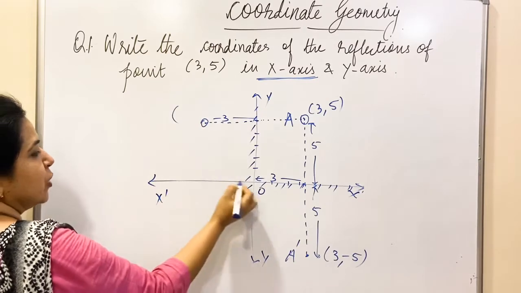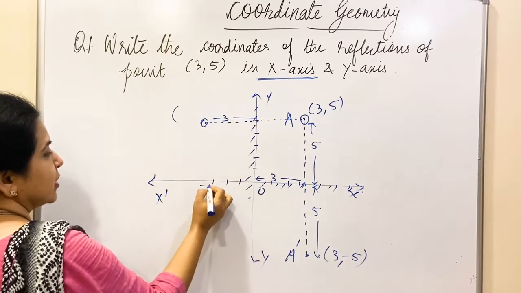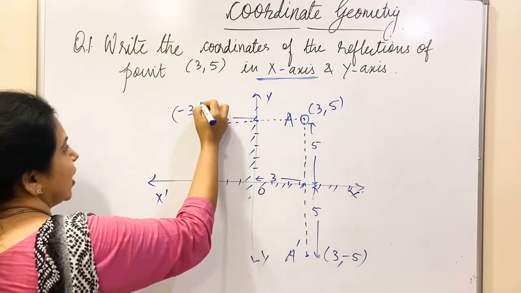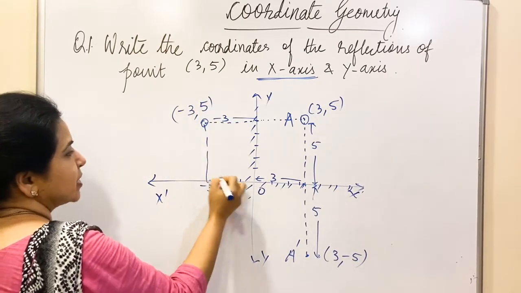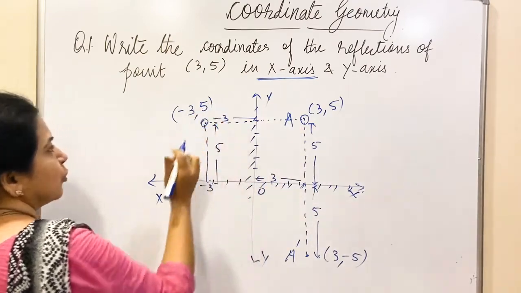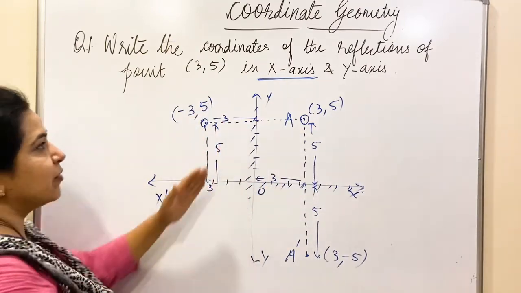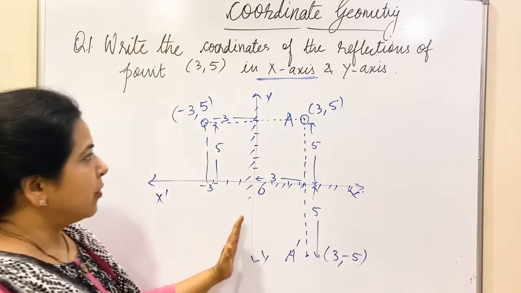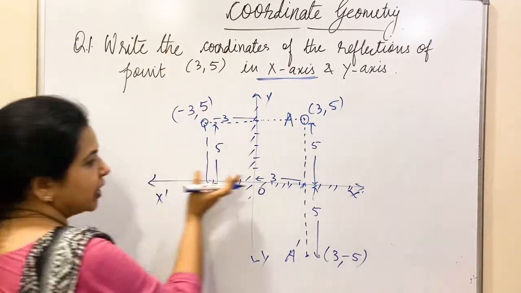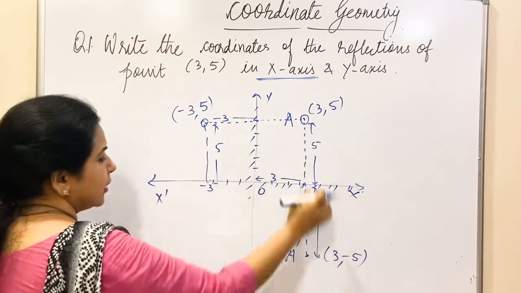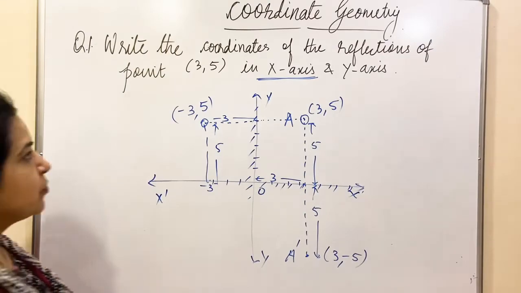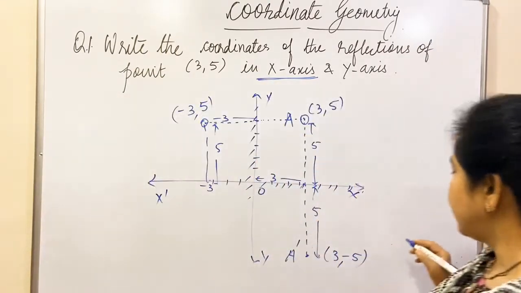So the abscissa is -3 and the ordinate will be the same as before, that is 5. So when we are taking the y-axis as a mirror, the image is (-3, 5). When we are taking the x-axis as the mirror, the image is (3, -5). So in this way you can solve this type of problem.